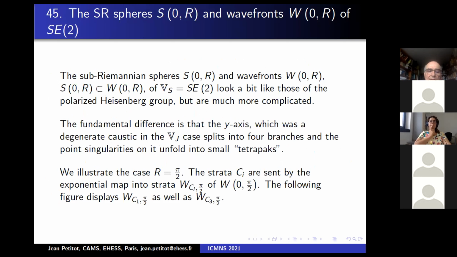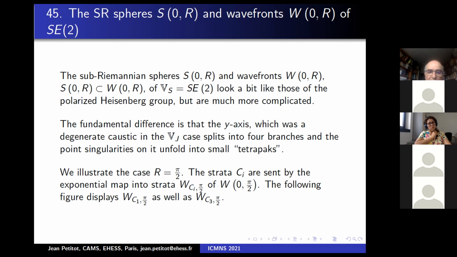The fundamental difference is that the y-axis, which was a degenerate caustic in the VG case, splits into 4 branches and an asteroid surface, and the point singularity on it unfolds into small, what I call tetrapaks. We illustrate the case for the radius half pi.